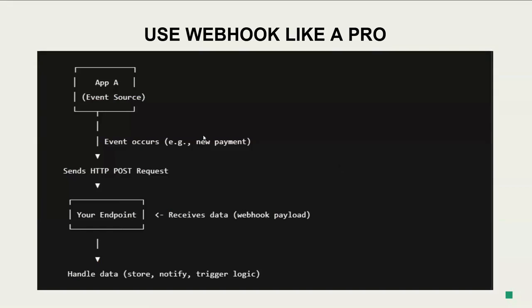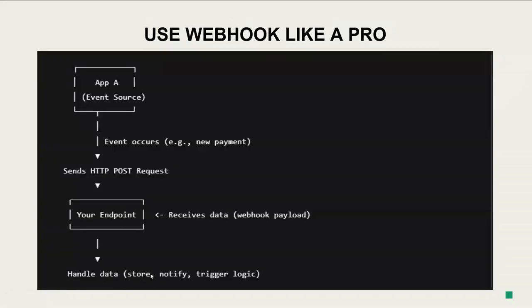You can see on this flow, app A, the event occurs here. So it sends, maybe a new payment or call, any other event occurs, by HTTP POST request. It sends it to the endpoint, that's the app B that will receive it. The data that is sent is called a payload. So when your application receives the data, the payload, you can now handle it.